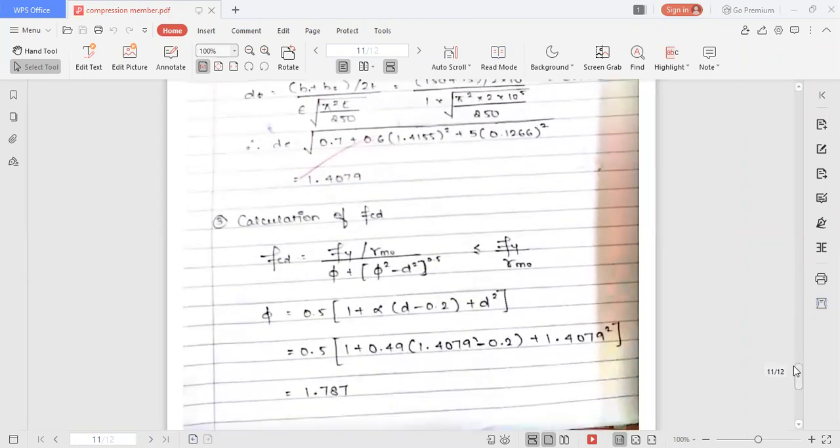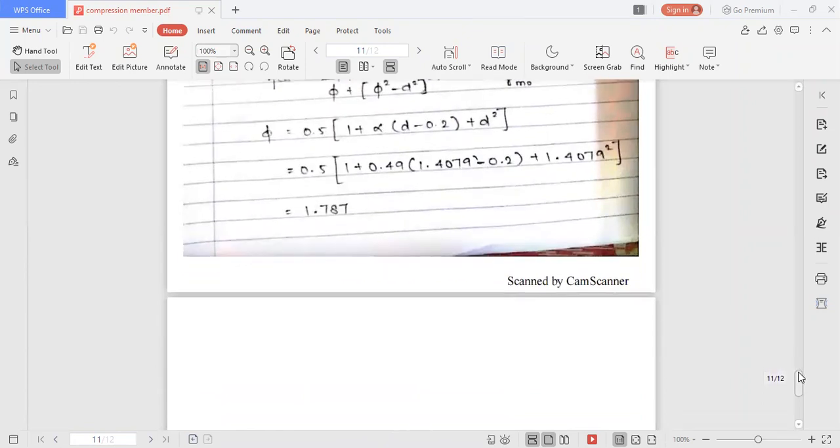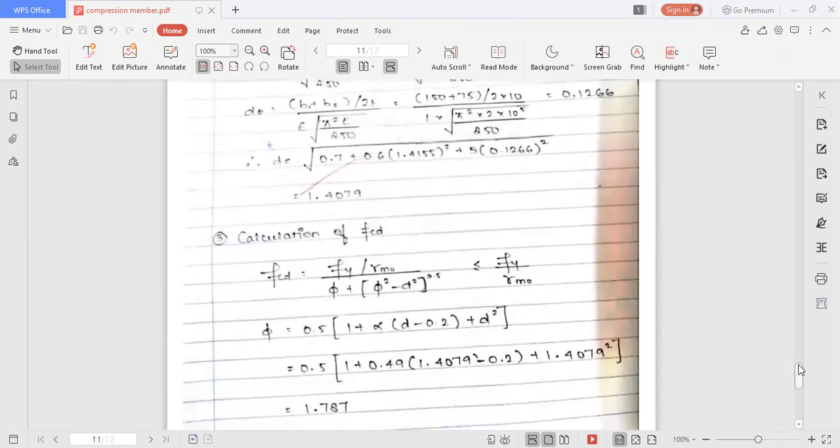So after calculation of lambda e, you need to calculate FCD. For calculation of FCD, you have the formula Fy upon gamma m0 upon phi plus in bracket phi square minus lambda e square raised to the power 0.5, which should be less than or equal to Fy upon gamma m0. To calculate phi, again you have the formula 0.5 into 1 plus alpha into lambda minus 0.2 plus lambda square. Now what is alpha? Alpha is nothing but the imperfection factor.